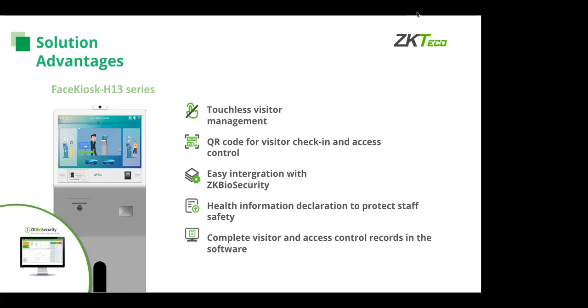The thing is to ensure a faster process. If you are coming to an organization, you are basically coming to see someone. If you are not doing pre-registration, you are going to call that person, and the person will inform the administrator or the receptionist.